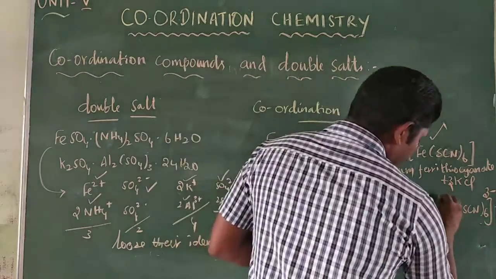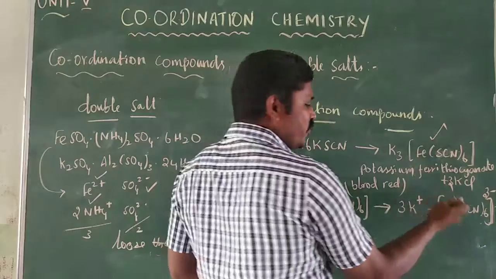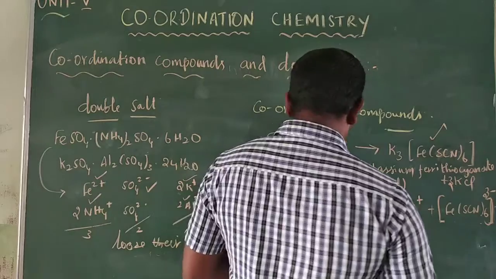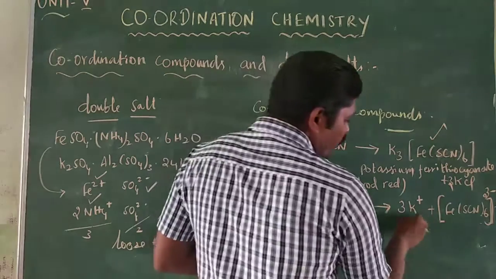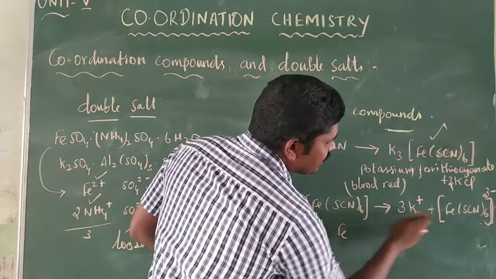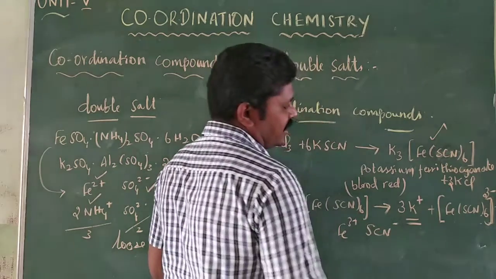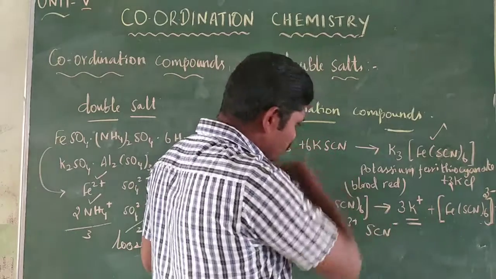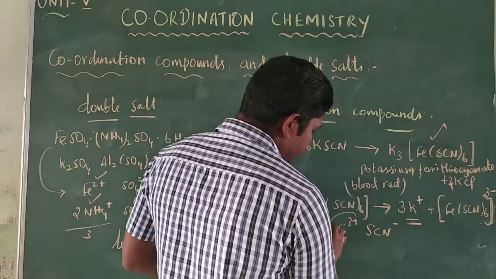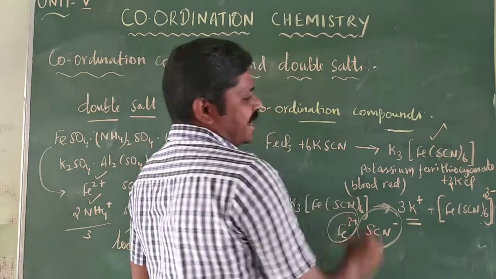The inner square bracket element does not dissociate into constituent simple ions. Are you right? So that solution answers with potassium ions only; it does not answer for Fe3+ ion and SCN- in the potassium ferrithiocyanate solution.